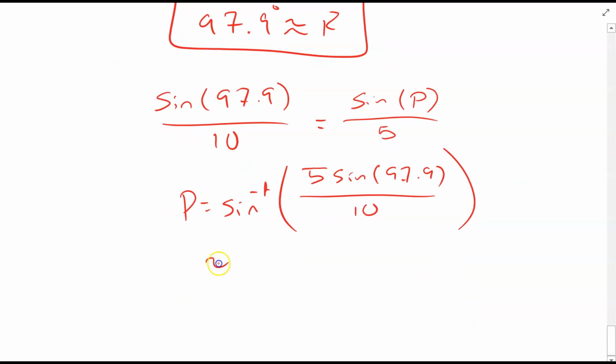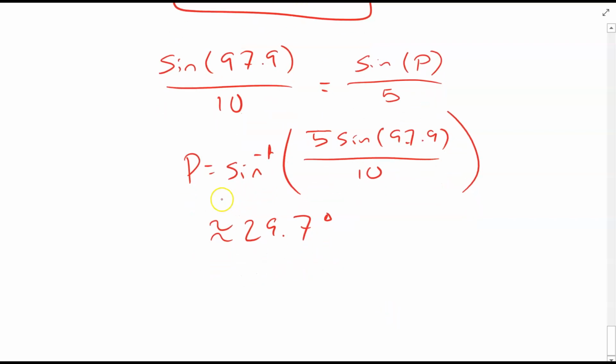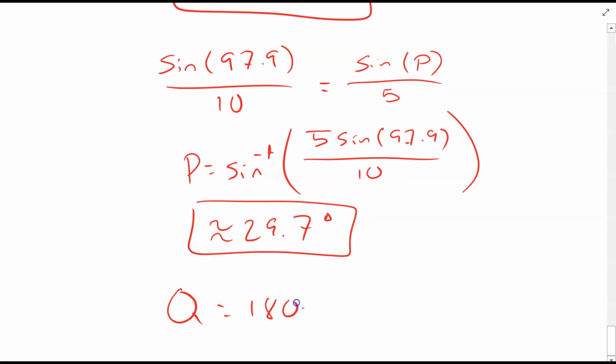When I do that, I get about 29.7. And then I can solve Q just by doing 180 minus P minus R.